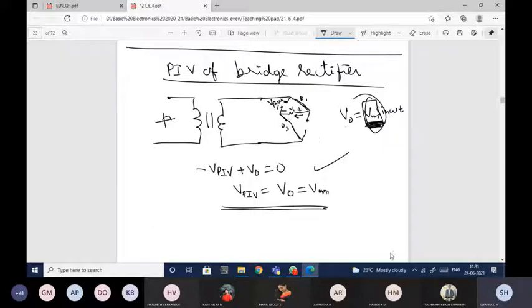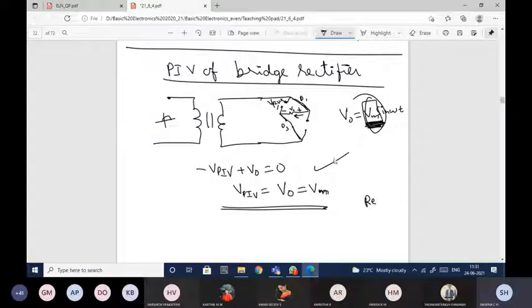Okay. Fine. Now that's all with respect to the rectifiers without filters. Whatever I have done is without filters. A filter will allow only certain frequencies to pass through it.